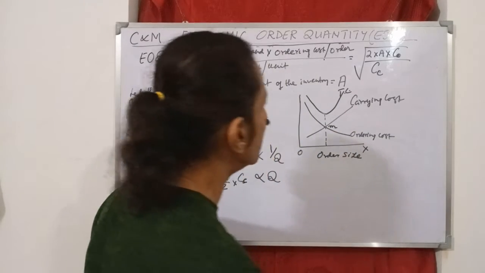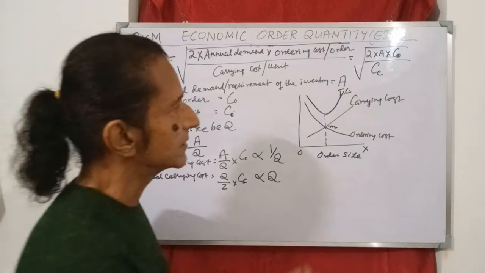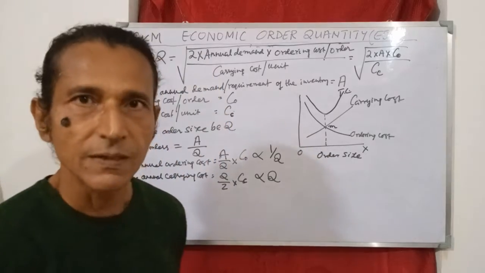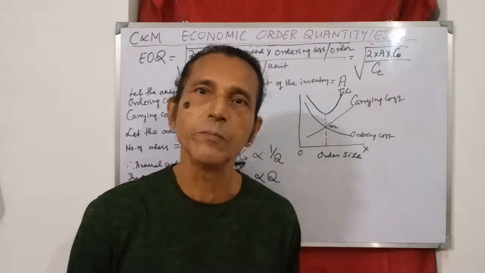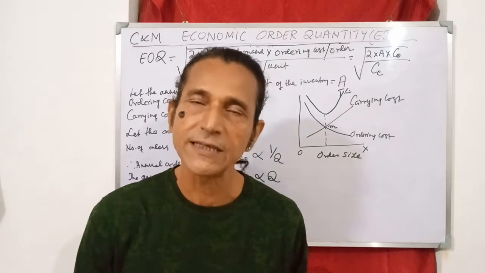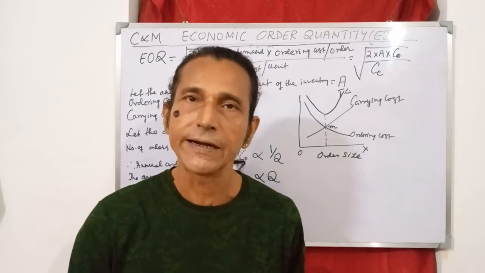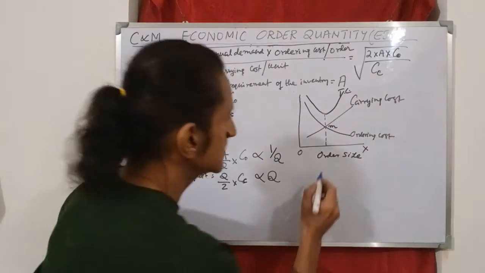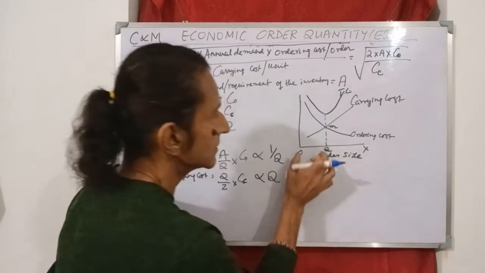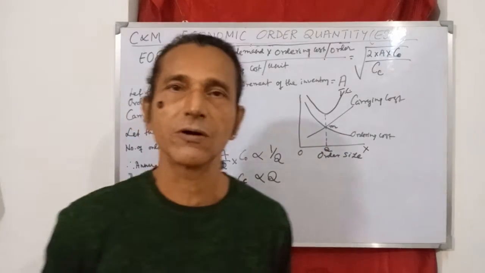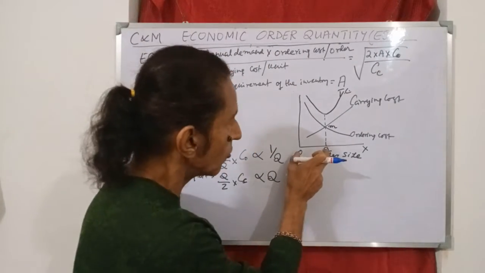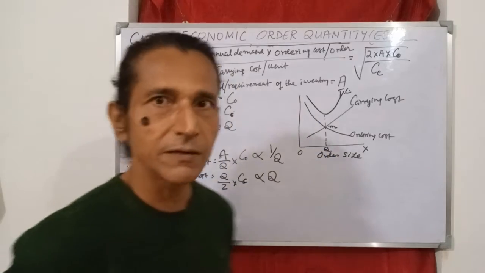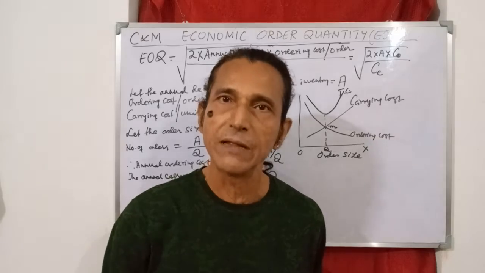The total cost is minimum when the ordering cost curve intersects the carrying cost curve at point M. This means total cost is minimum when the ordering cost is exactly equal to the carrying cost, that is, the annual ordering cost is exactly equal to the annual carrying cost. Say this is Q. So OQ is the economic order quantity. For OQ order size, the total cost of inventory of the firm is minimum.